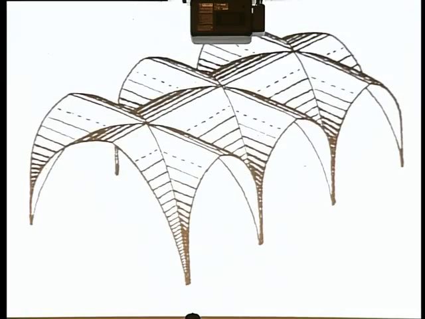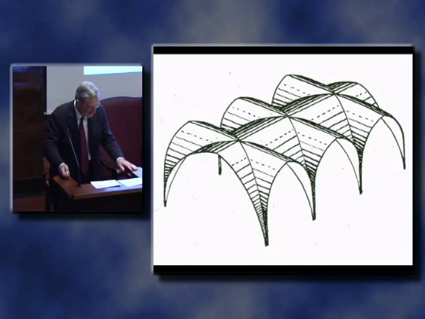The forces down here and the force down there meet on the groin, on the ribs, and so on. And you can calculate in this way, very simply, by use of these simple ideas of equilibrium, how these forces are transmitted.